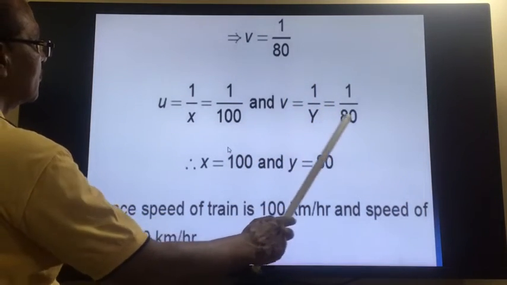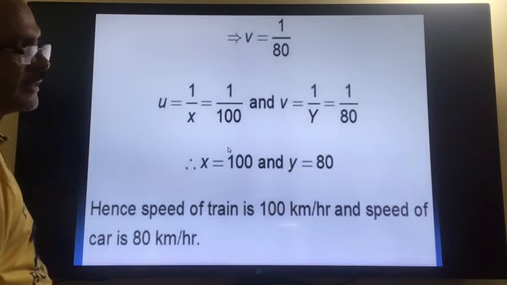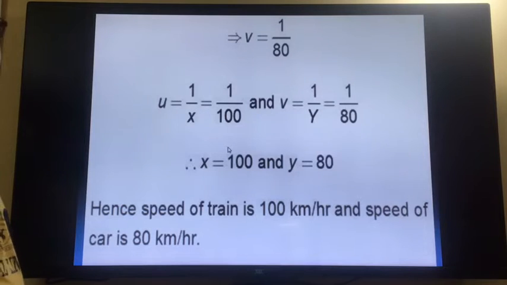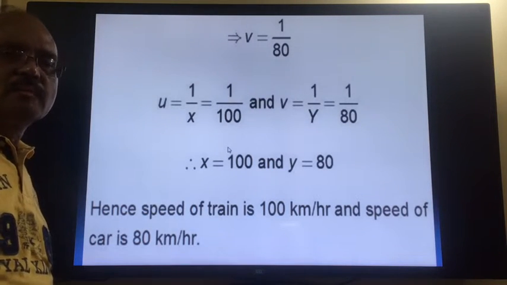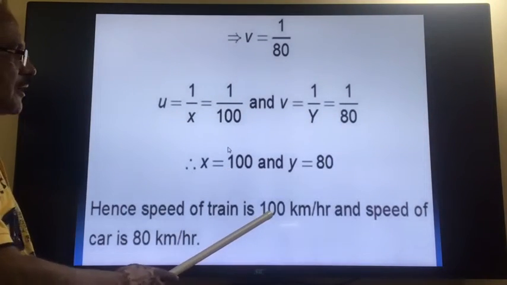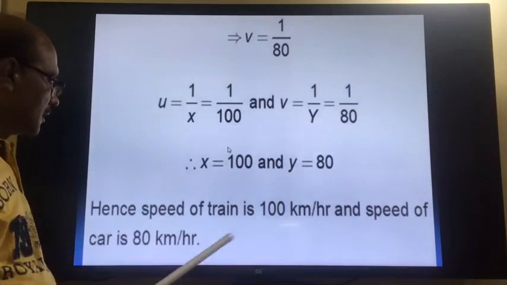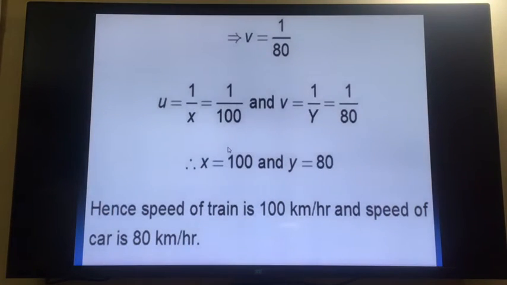So this will give you y is equal to 80. So x is equal to 100 and y is equal to 80. What were x and y? x was the speed of the train in kilometers per hour and y was the speed of the bus in kilometers per hour. So the speed of the train is 100 kilometers per hour and the speed of the bus is 80 kilometers per hour. Right? So this is the method of finding the speed of the train and the car.